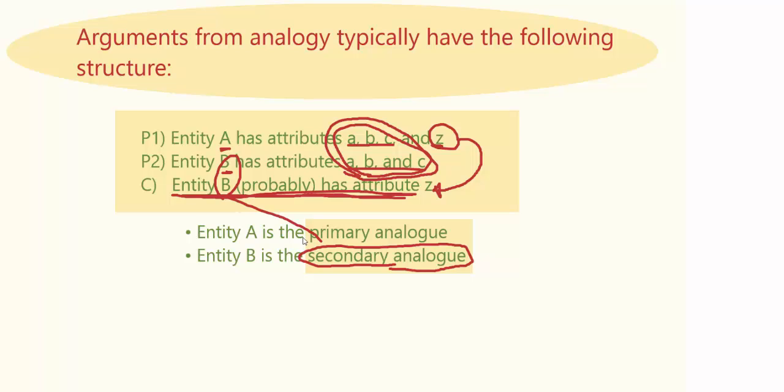The entities that we're using as the foundation for making the inference are our primary analogs.